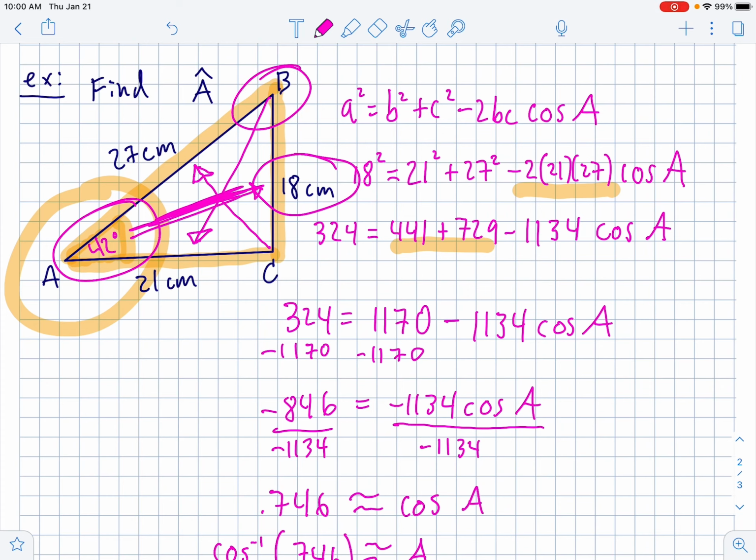So then you could set up a law of sines for this side. And for the third angle, once you have B, you could just subtract from 180 to find this one. But yeah, just a heads up of a possible test question is I give you all three sides of a triangle and ask you to solve for all three angles.